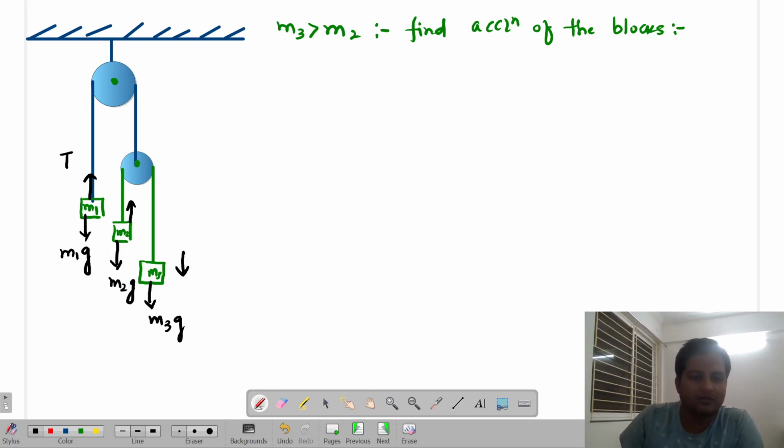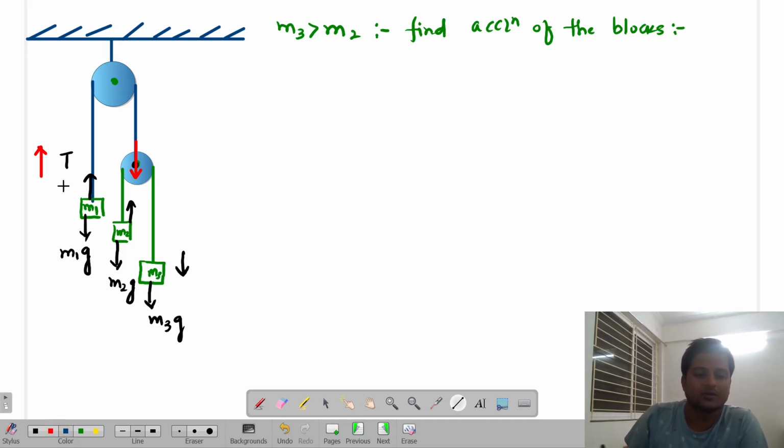Now, when that is happening, look at this pulley. This pulley is a three-thread pulley. So the pulley will come down with some kind of average acceleration, or not. Yes. Let's suppose this mass M1 was going up with some acceleration, and with that same acceleration this pulley is going down.